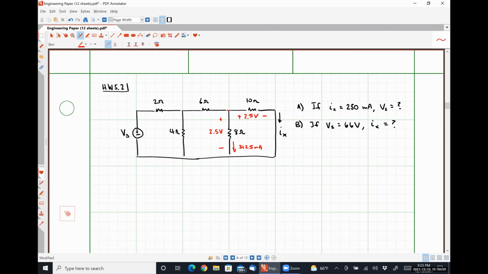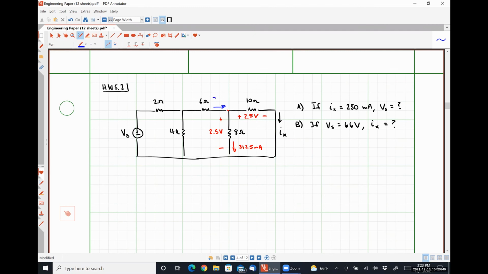So now that we know the current flowing through the 8 ohm resistor and the current Ix flowing through the 10 ohm resistor, we know the current flowing through the 6 ohm resistor using Kirchhoff's current law, right?